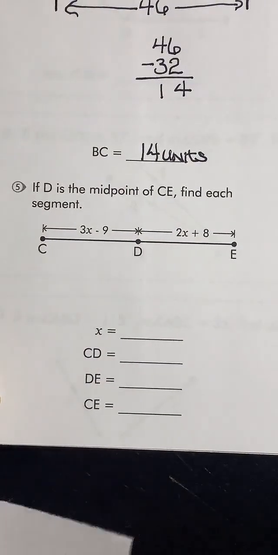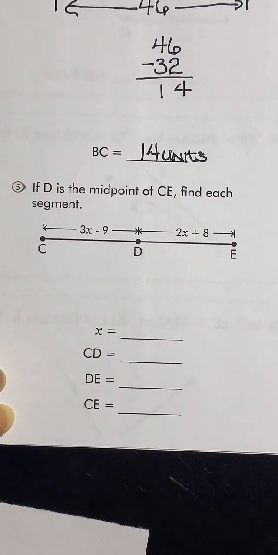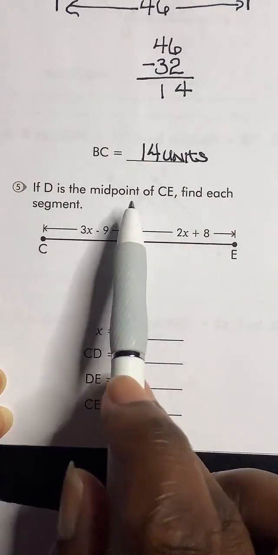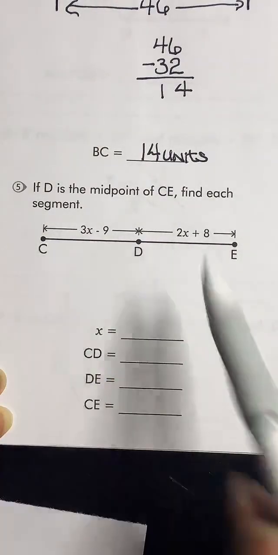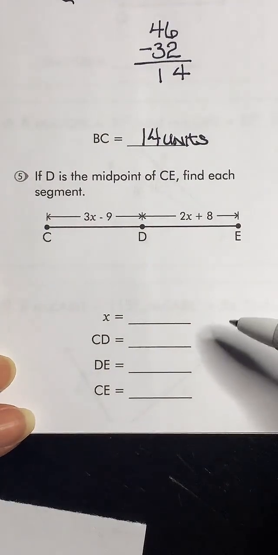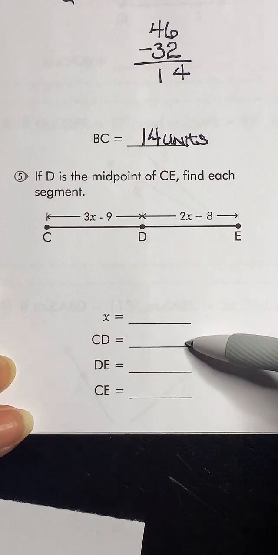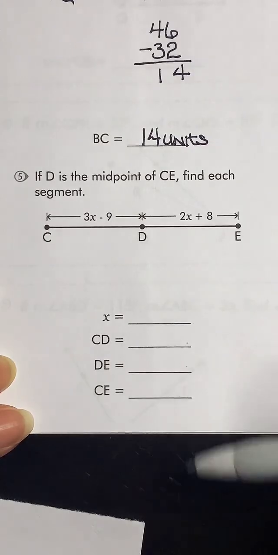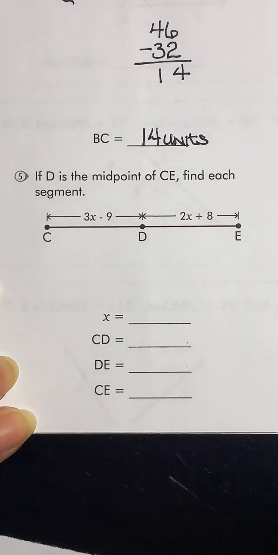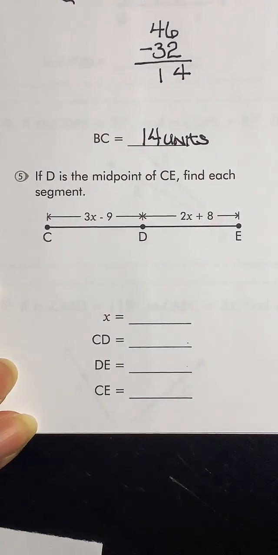All right. So now for number 5. If D is the midpoint of CE, find each of the segments. So they want you to find what X is, what CD is going to represent, what DE is going to represent, and what CE is going to represent. What does it mean that D is the midpoint?